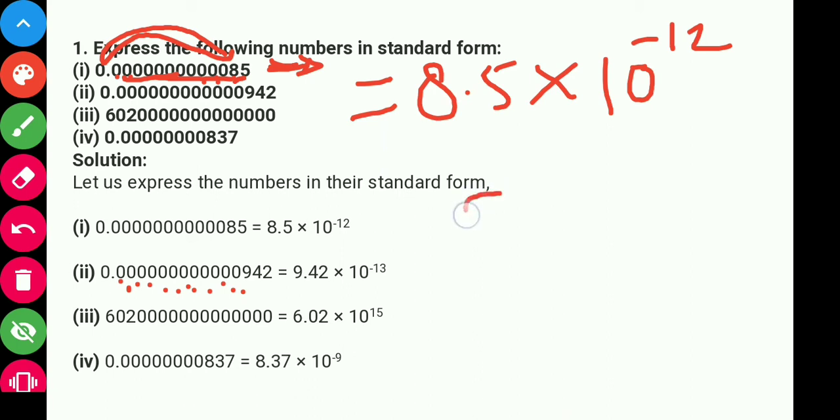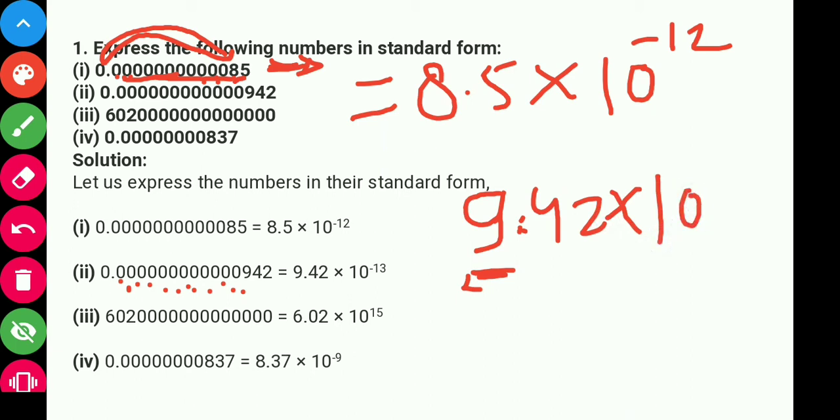So here it will be 9.42, because we need one digit left of the decimal. This 9 is one digit. So 9.42 into 10 to the power, how many places is the decimal moved? The decimal is moved 13 places, so minus 13. I hope it is clear.